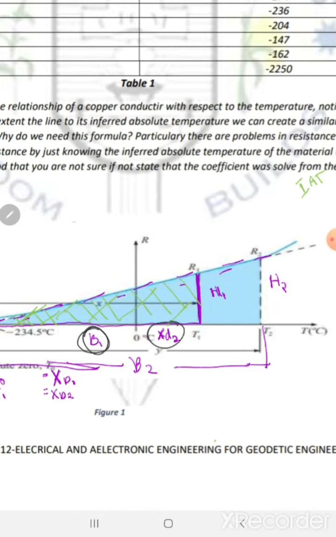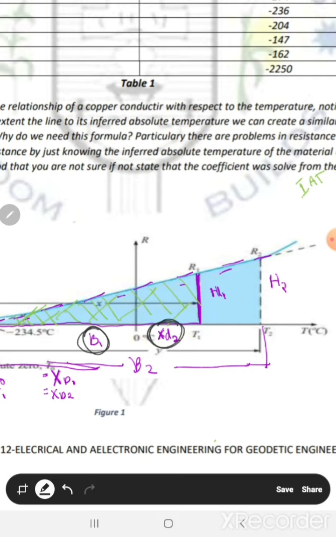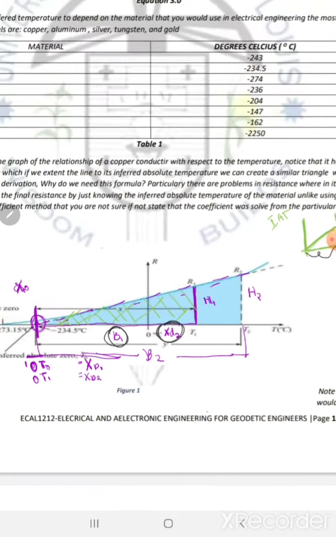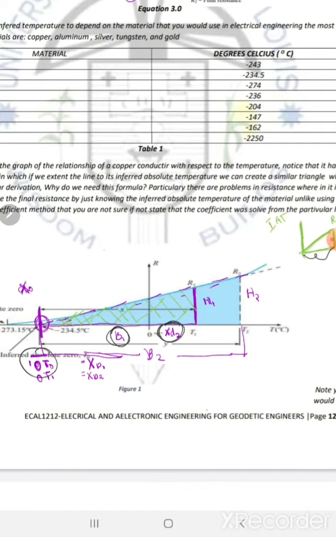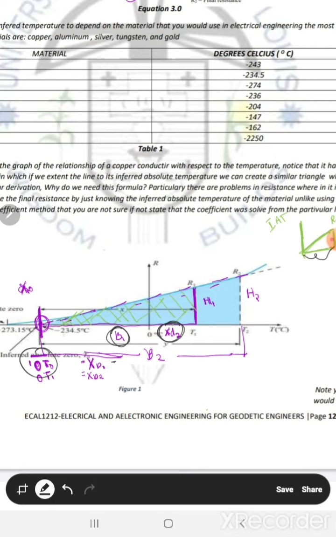plus XD2. So we have 0 to T0, which is equal to XD1, and 0 to T1, which is equal to your XD2.